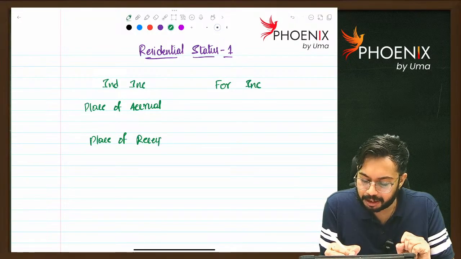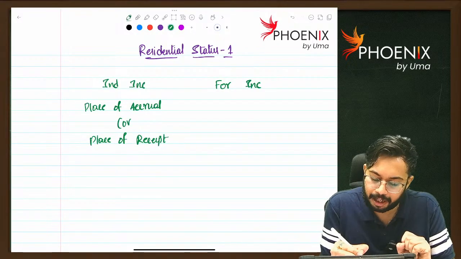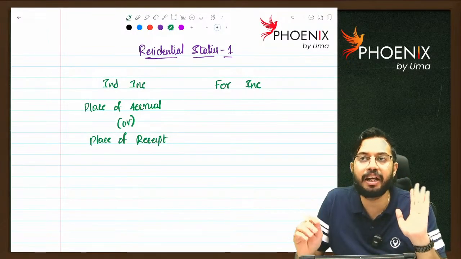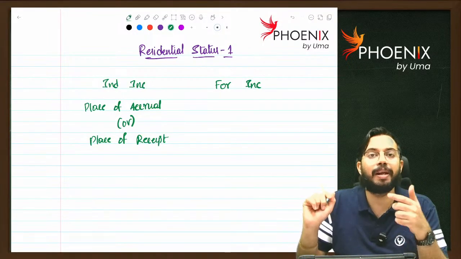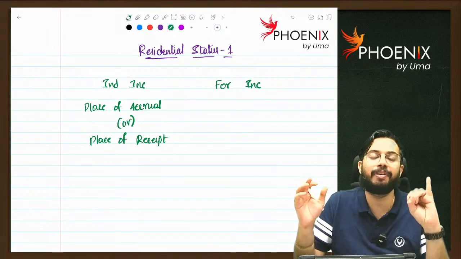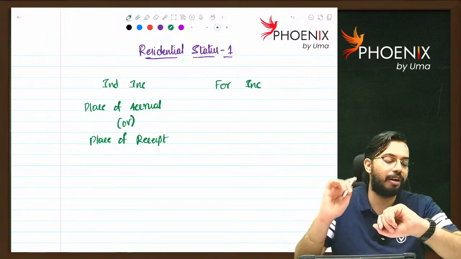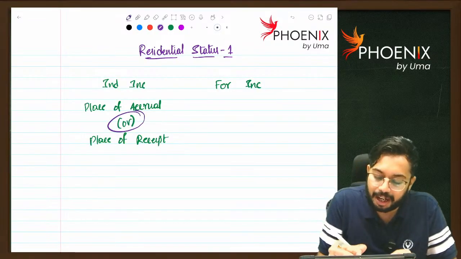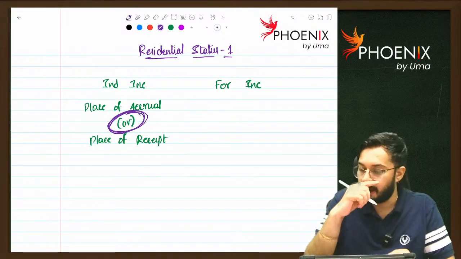If any one of them is in India, the conjunction is or. If place of accrual is in India, it is Indian income. Or if place of receipt is in India, Indian income. So out of the two aspects, if any one of them is in India, we call that income as Indian income.